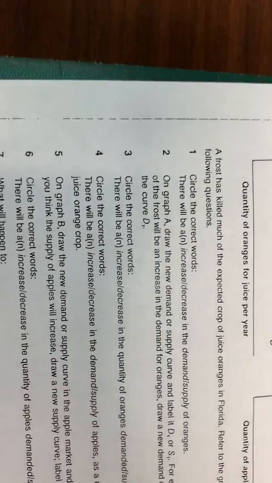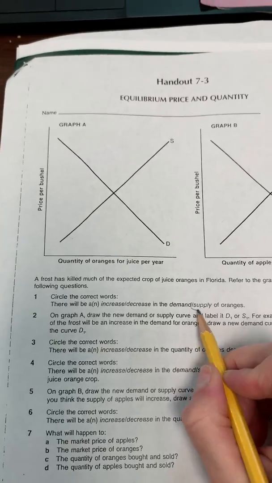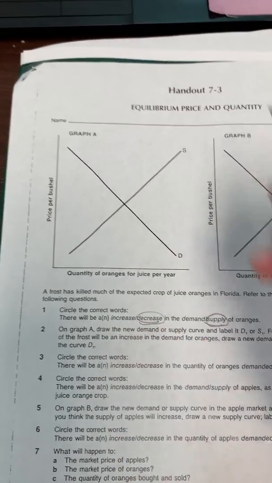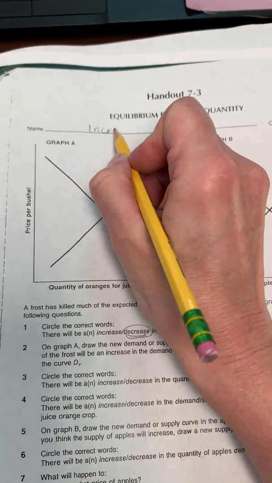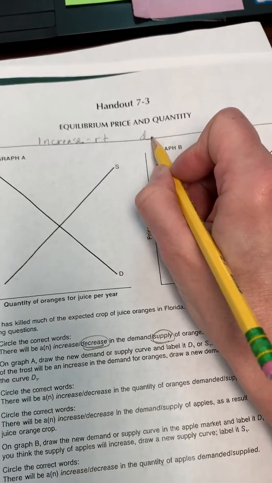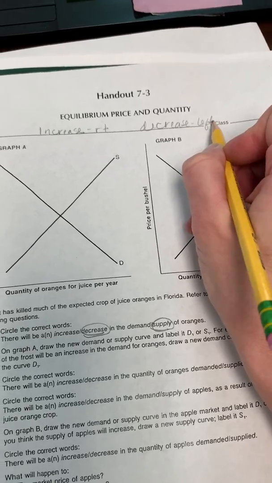Okay, so here we are. It's going to affect the supply, and it's going to decrease. So again, if you want to remind yourself, an increase is to the right and a decrease is left, okay?